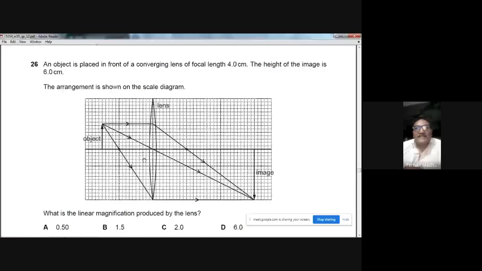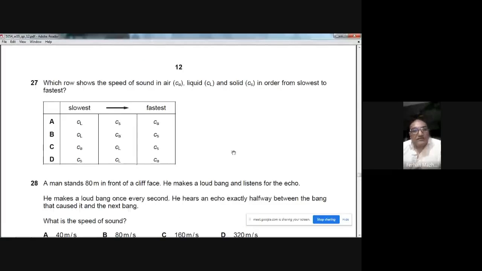Question number 27 is on your screen. Which row shows the speed of sound in air, liquid, and solid in order from slowest to the fastest? Remember, this is not talking about light. He's talking about sound.